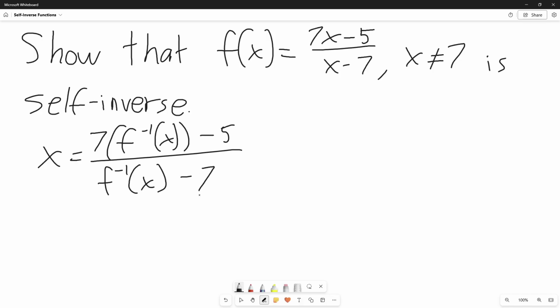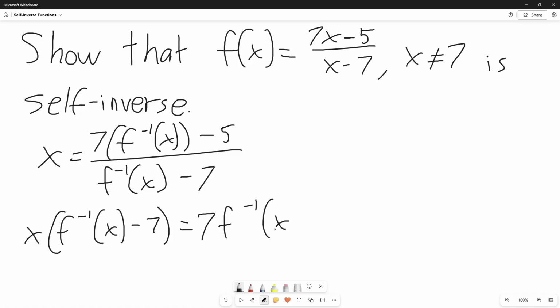And this one might seem a little hard to simplify, harder than the last one at least, but you can just multiply both sides by the denominator, and you get x times (f inverse of x minus 7) is equal to 7 times f inverse of x minus 5.